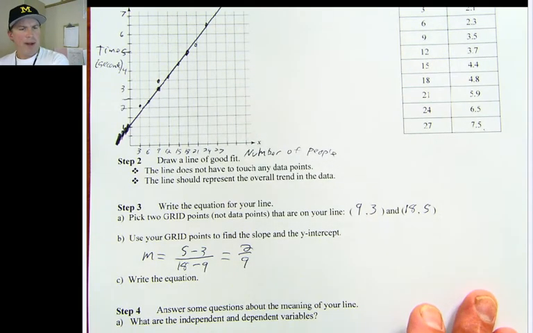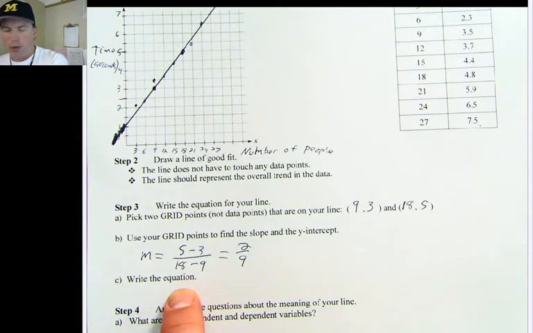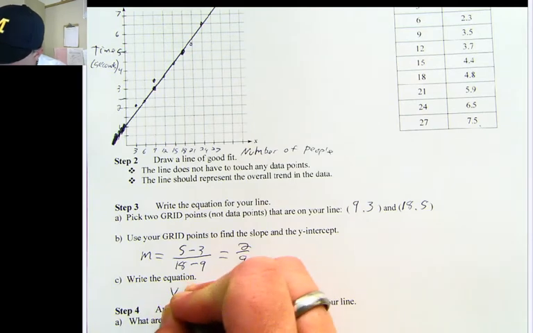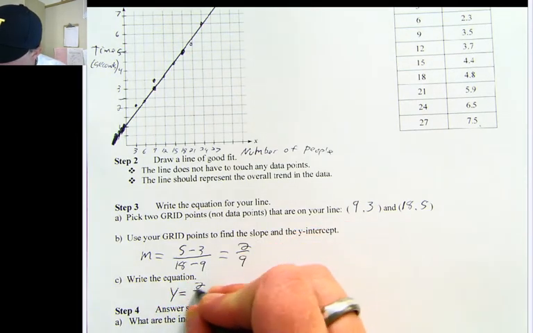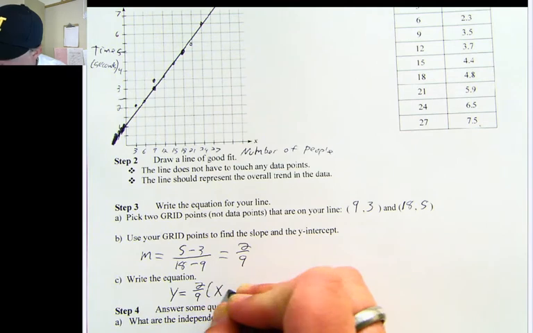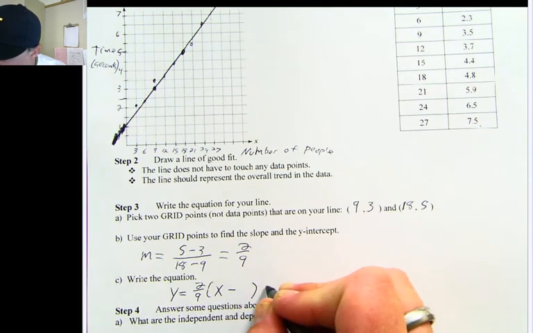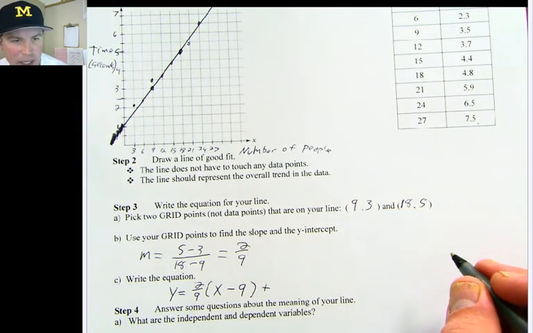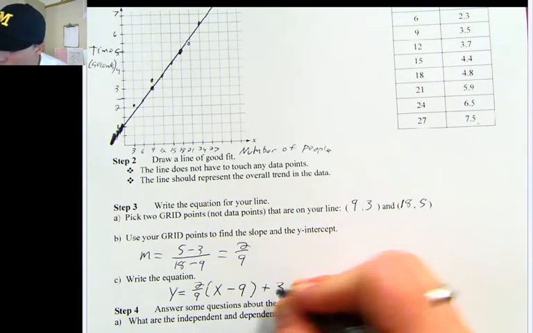So, I'm actually going to do this backwards. I'm going to put the equation using point slope form. I'm going to do part C first, and then I'm going to use that point slope form to find the y-intercept and answer this question here. So, point slope form: 2 over 9 times x minus one of those coordinates. I'll use this coordinate 9, 3. So, x minus 9 and plus 3.